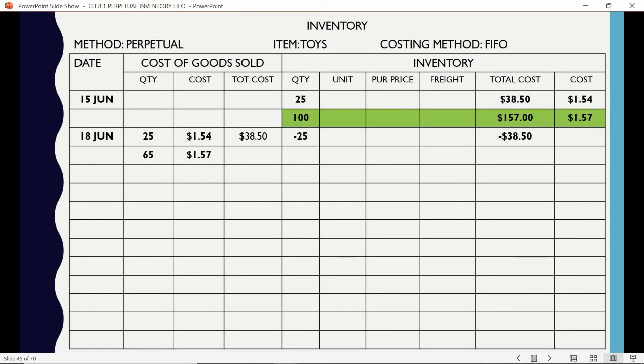Then what I have left is my green batch at $1.57, so I'm going to subtract that out. So I should have a remainder of 35 units left in my inventory at a total cost of $54.95. And of course, I have a total of the 90 units that I sold.